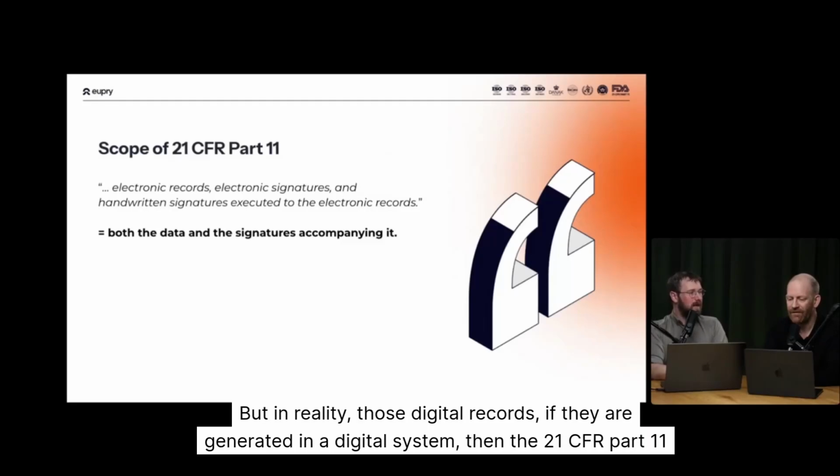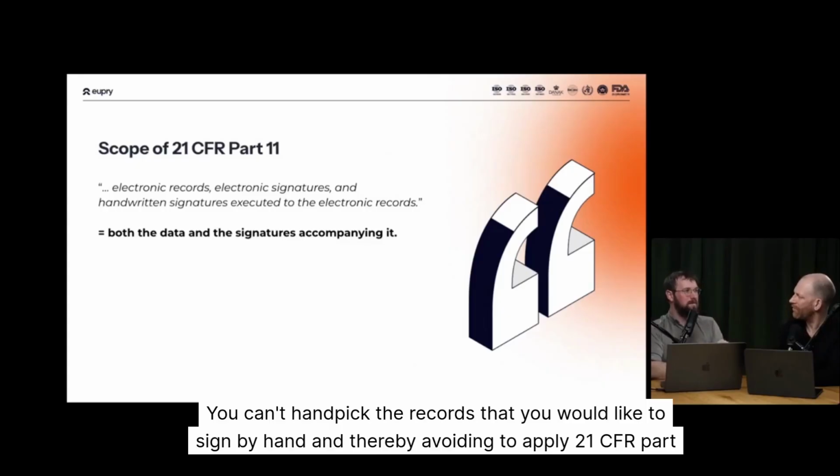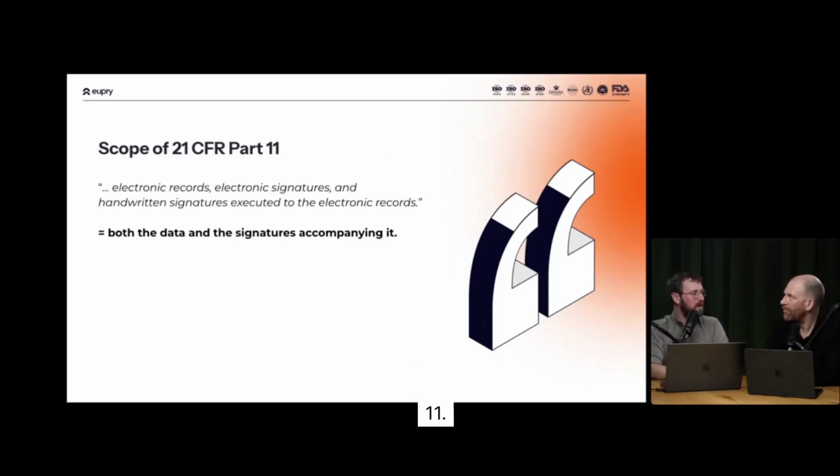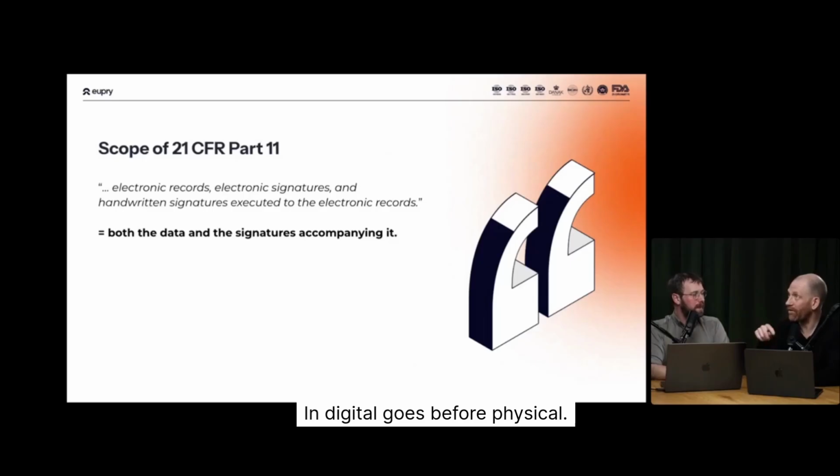But in reality, if those records are generated in a digital system, then 21 CFR Part 11 still applies. You can't hand-pick the records you would like to sign by hand and thereby avoid applying 21 CFR Part 11. So in short, digital goes before physical.